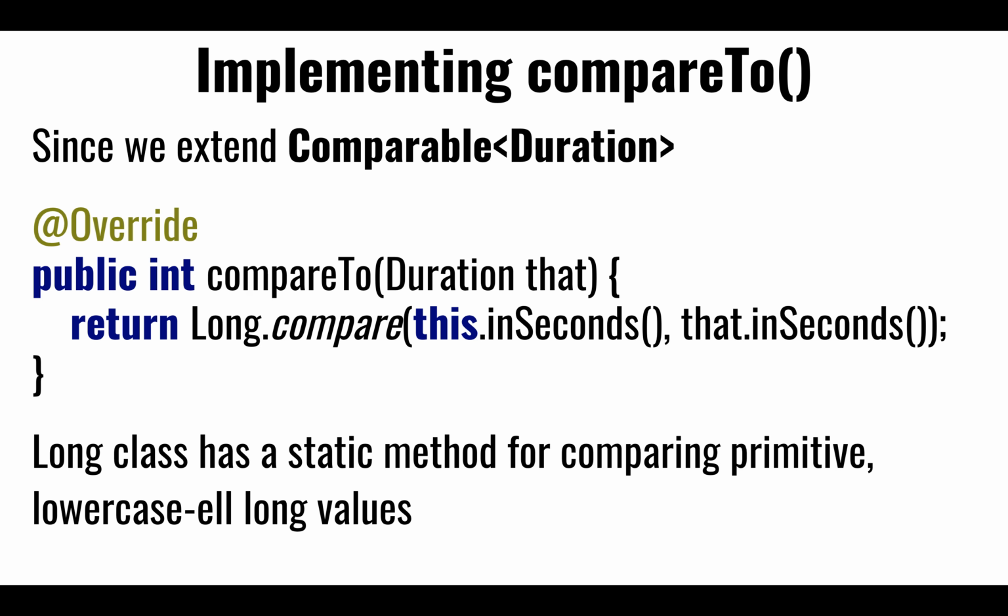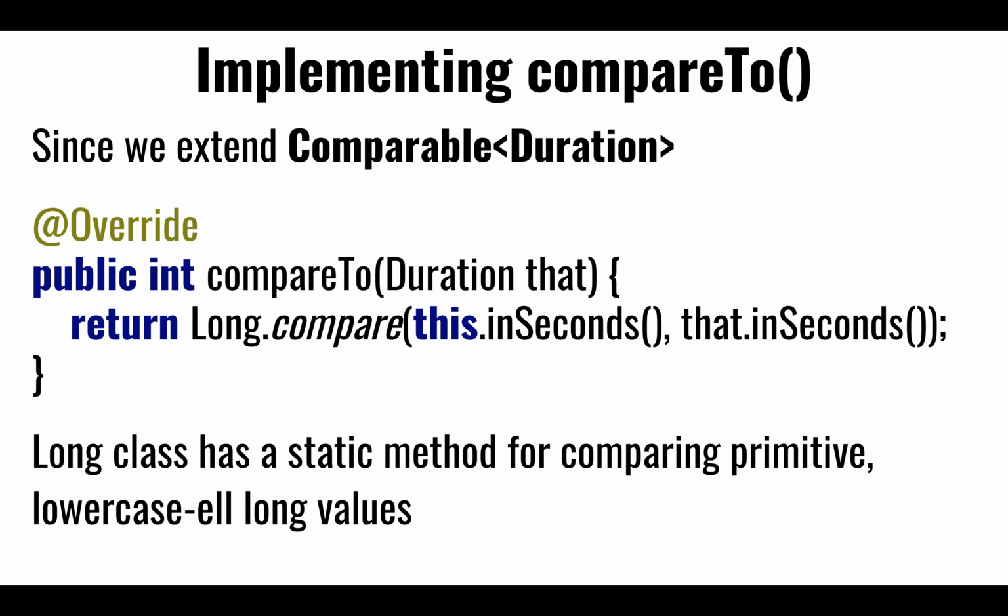One way would be to convert them back into seconds, and if one is bigger than the other, according to the second law of thermodynamics, time flows in one direction, so we can say that one is bigger. Or we can compare hours, minutes, and seconds in turn.